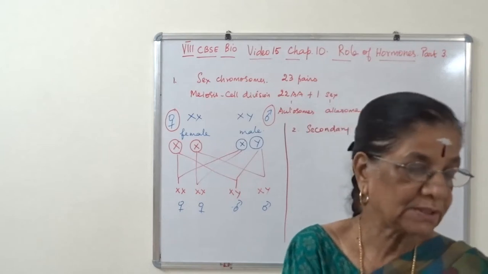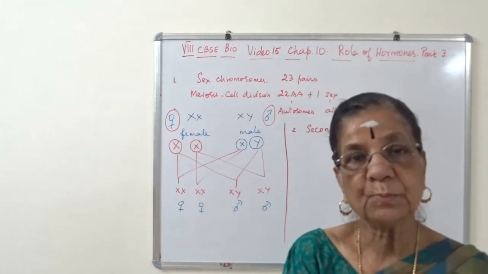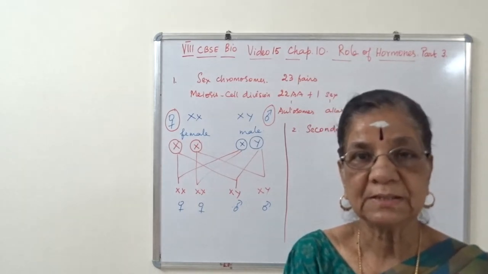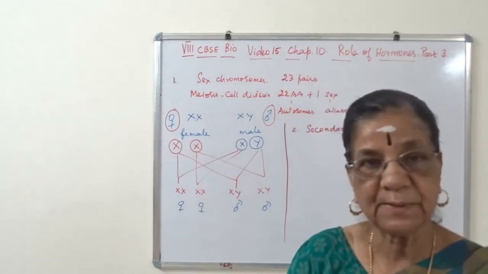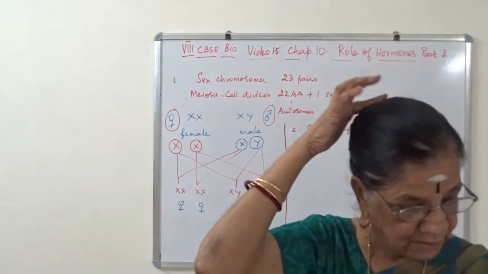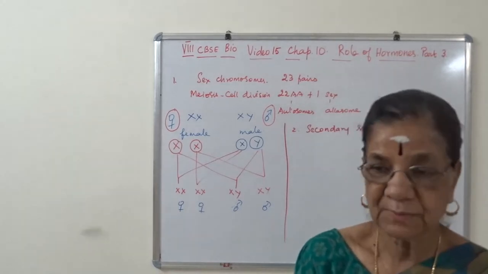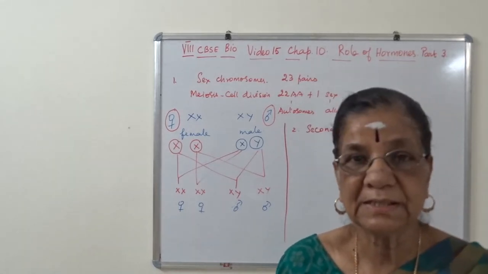Next we will come across the term puberty. Now the testes become capable of producing sperm cells, that is formation of gametes. These sperms are sometimes released during sleep also.